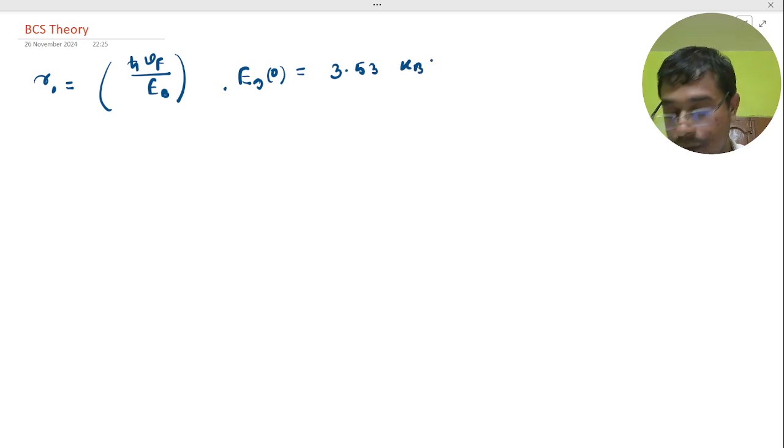This is a numerical experimental value, where Tc is the critical temperature of the superconductor.